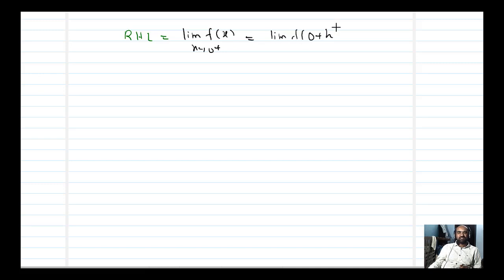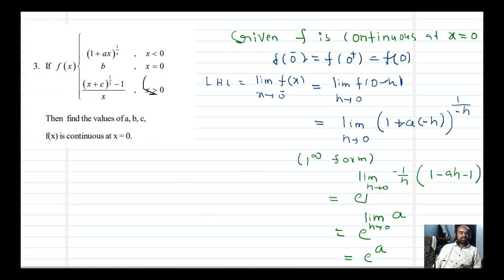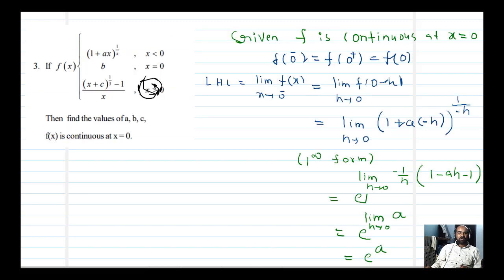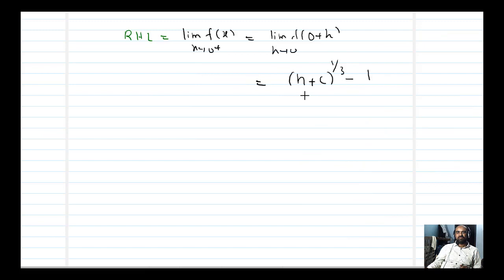Where is the rule for 0 plus h? This is the rule for 0 plus h. So, instead of x you write h, so h plus c whole power 1 by 3 minus 1, by h, h is tending to 0.